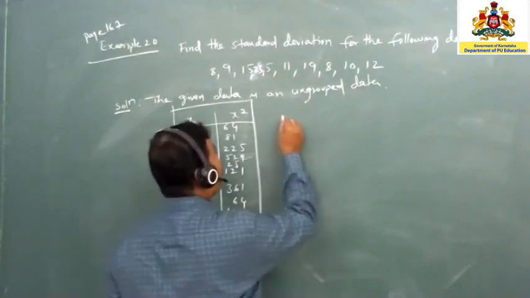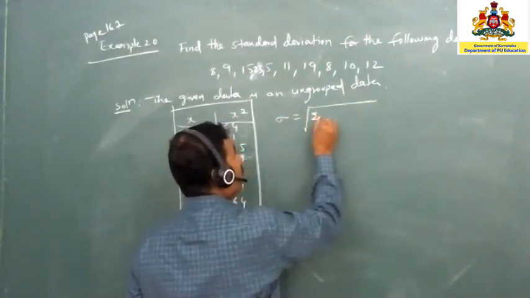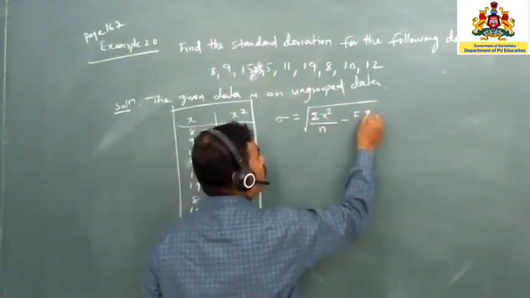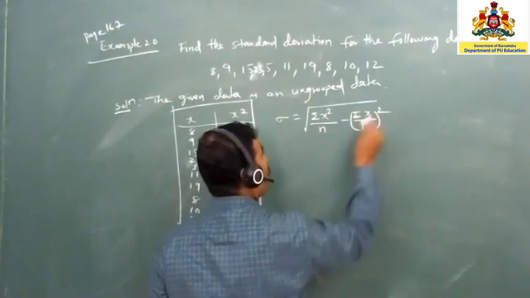Then sigma equals the formula: square root of summation x square by n minus summation x by n whole square.